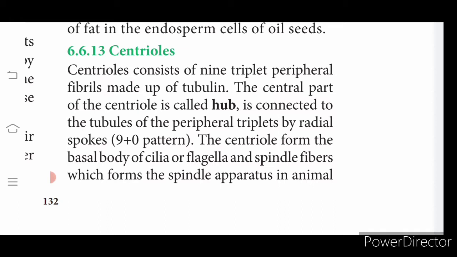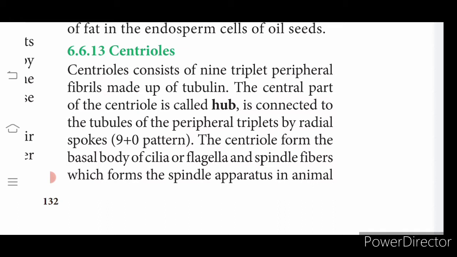The centriole forms the basal body of the cilia. So cilia and flagella, when you draw bacteria, we are drawing flagella, right? The point from where the flagella arises is called the basal body, and the cilia we used to draw along with the paramecium. In paramecium, from the basal body only the cilia arises.